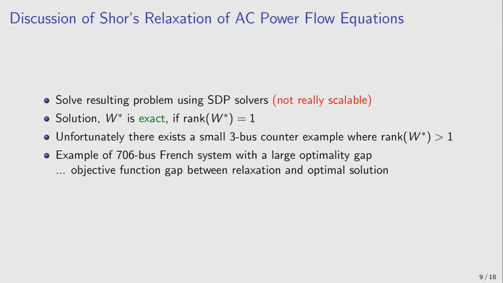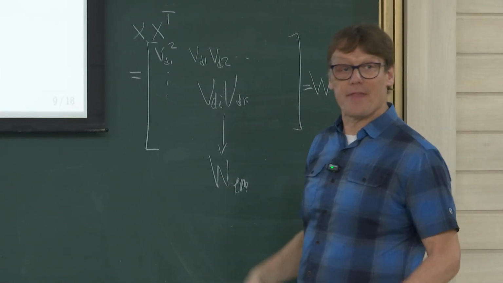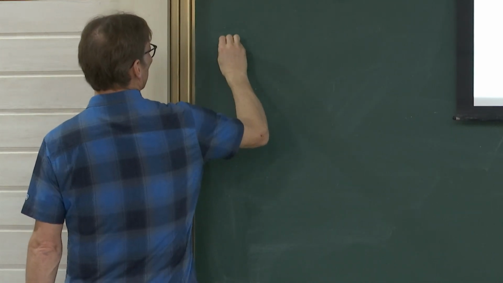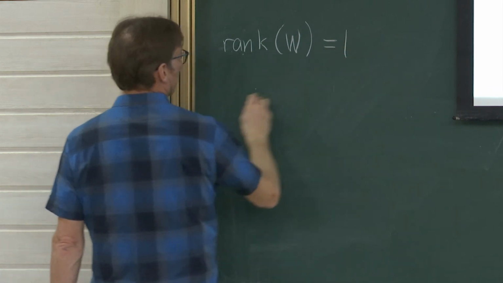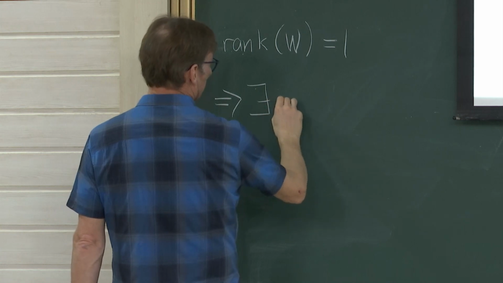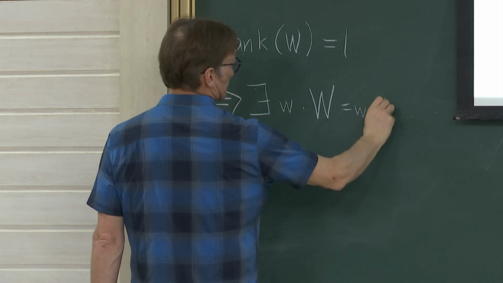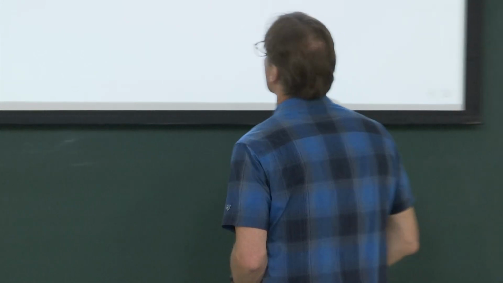The nice thing is that if you get a W, so if this W that you get out actually has rank 1, then that means you can write it as an outer product. So if the rank of W is equal to 1, then it follows that there exists some vector little w such that big W is w w transpose, and you can reconstruct your x variables out of this potentially.